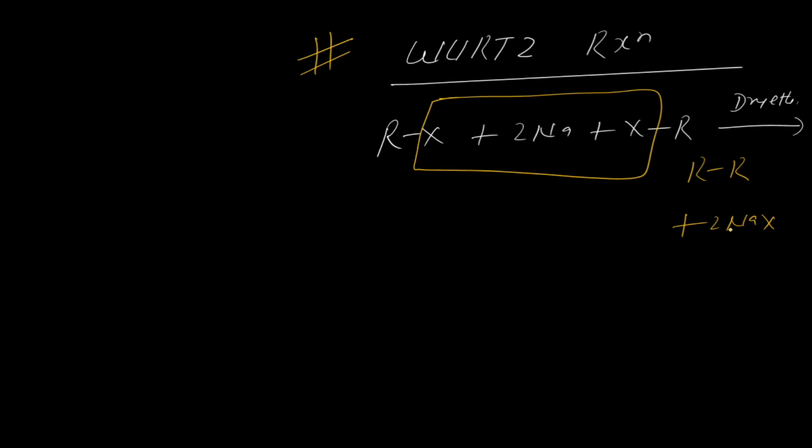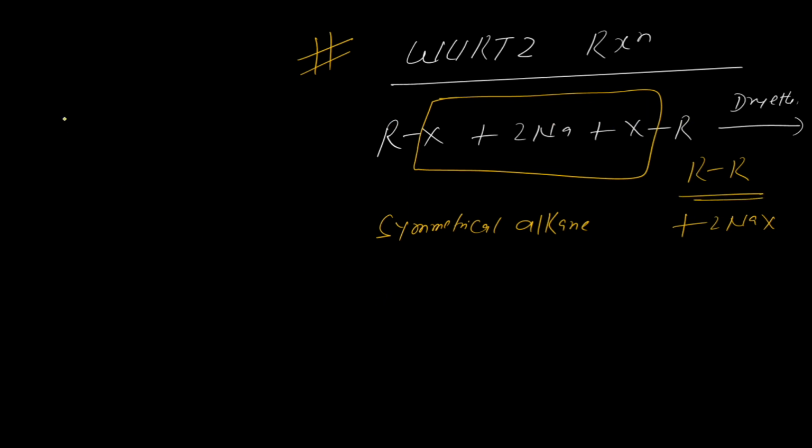So this Wurtz reaction is very convenient for the preparation of symmetrical alkanes. It is not so convenient for the unsymmetrical alkanes. What is the meaning of symmetrical alkane and unsymmetrical alkane? Now if the alkyl group on both sides is the same, it will give you the symmetrical alkane.